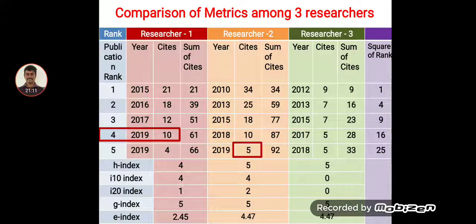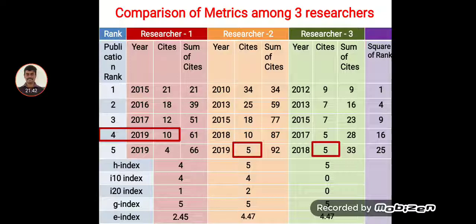Similarly, for researcher 2, the citation is 5 and the ranking is 5, so his H index is taken as 5. For researcher 3 also, the citation is 5 and the ranking is 5, so his H index is also taken as 5. So always remember, the citation should be more than the ranking, and that is taken as the H index.